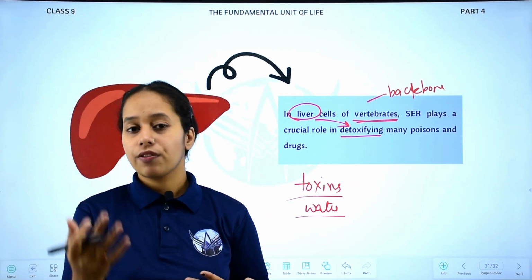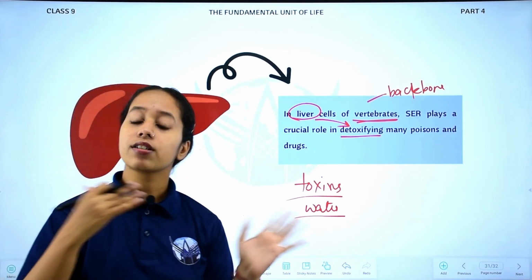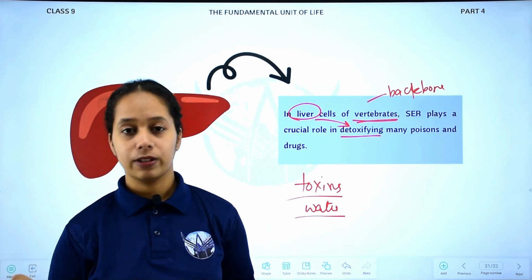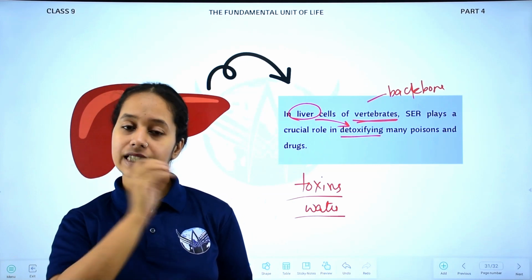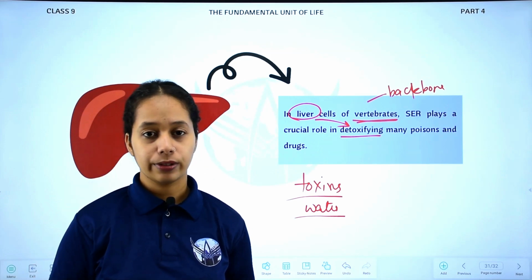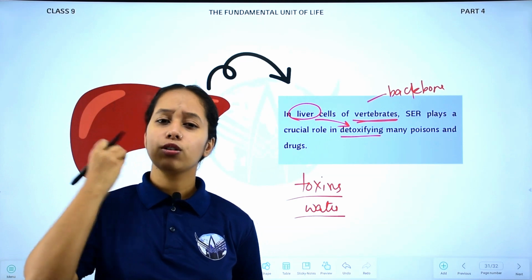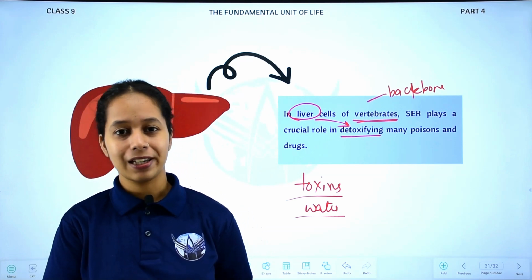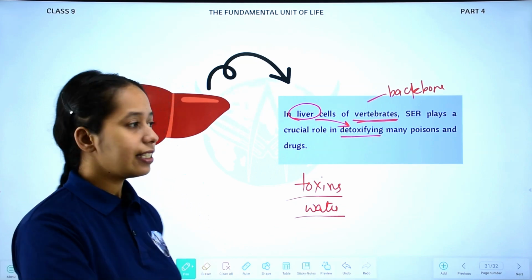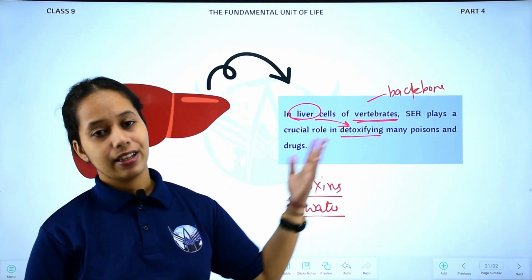They convert water insoluble toxins into water soluble toxins. In that way, these toxins can now dissolve in urine and our body is able to remove all those poisonous substances. So in liver cells, we find a lot of SER, and these play a crucial role in detoxifying poisons and drugs.